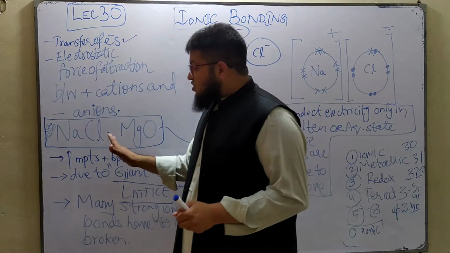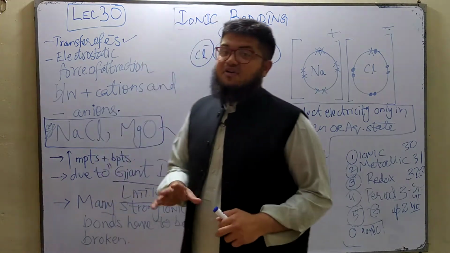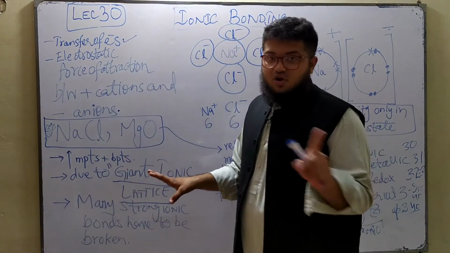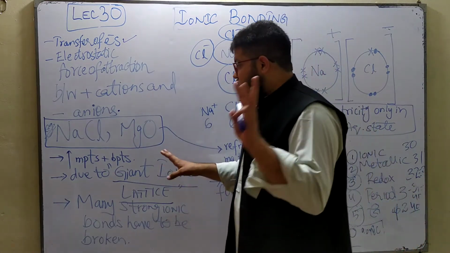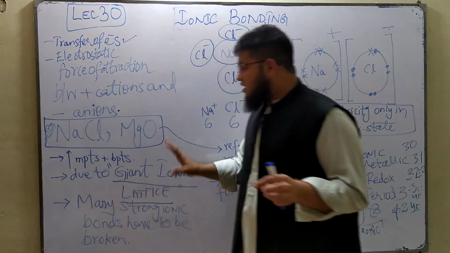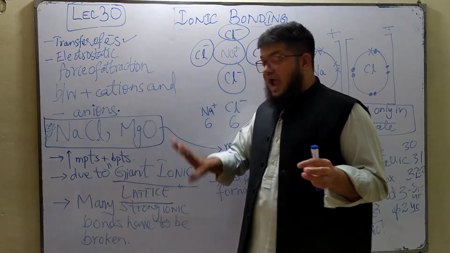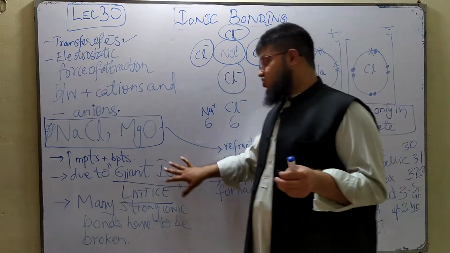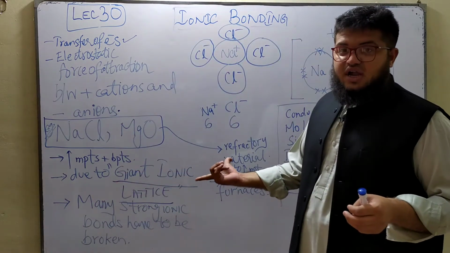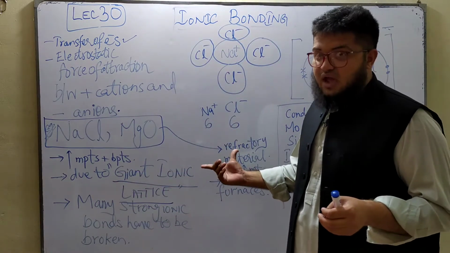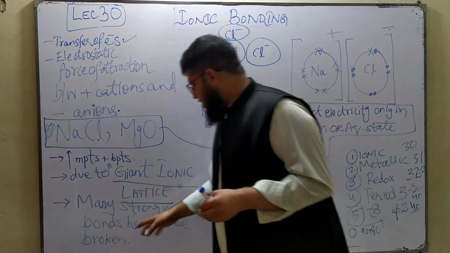And why do they have high melting and boiling points? They have high melting and boiling points not because of intermolecular forces, not because of covalent bonds, but rather because of the giant ionic lattice and the thousands of ionic bonds that they contain. It is called giant because they have many ionic bonds inside them.